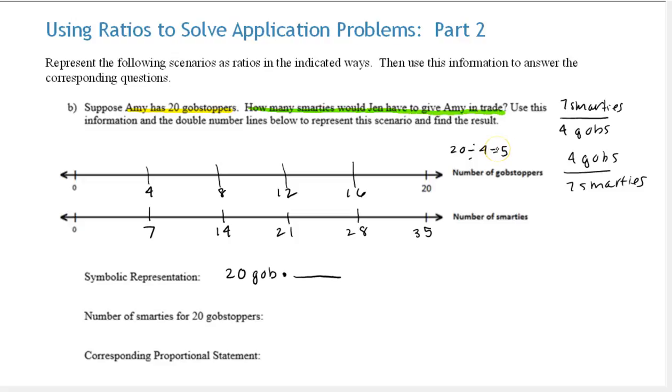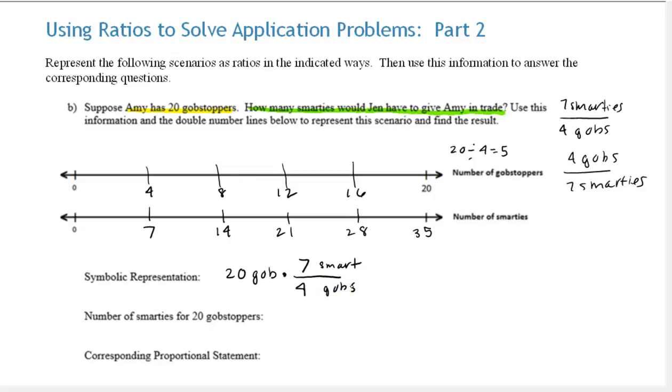So we divided by 4, and then we took each of those values of 4 and multiplied them by 7. So we cut into 4 pieces and then multiplied each of those by 7. Now notice this corresponds to 7 Smarties over 4 Gobstoppers.